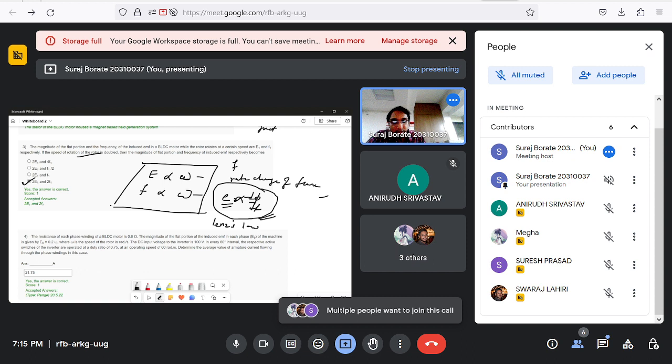Yeah, so you are talking about this. The numbering is usually like this. So now what to do? You are saying that you can use this formula VA by VG is equal to 2D minus 1, the H bridge formula.